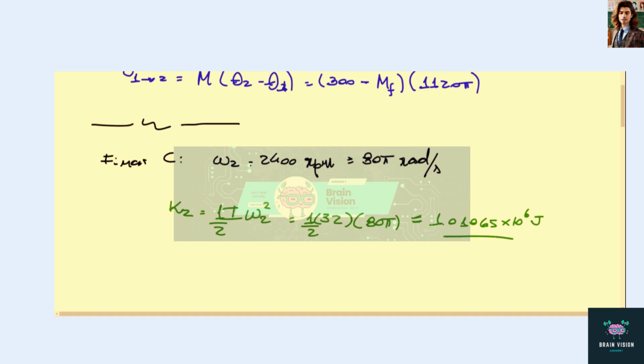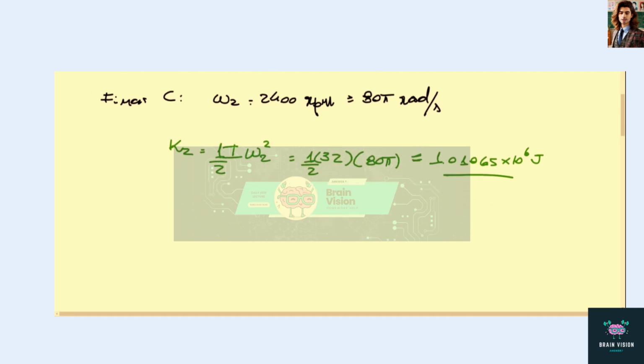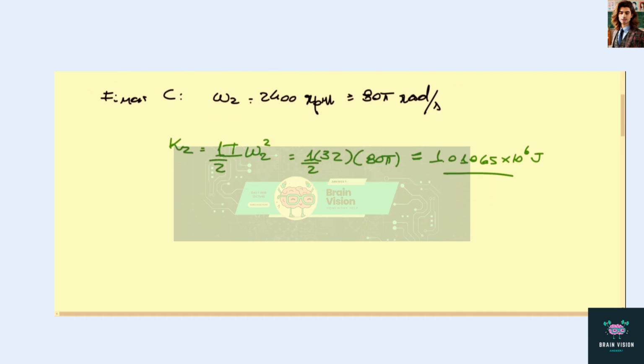Okay, so that's the energy of the flywheel at the end of the motion.